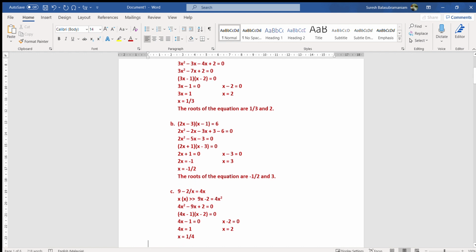So those are the roots of this equation which I found through factorization. I can write that the roots of the equation are 1/4 and 2. That will be the answer for question C.